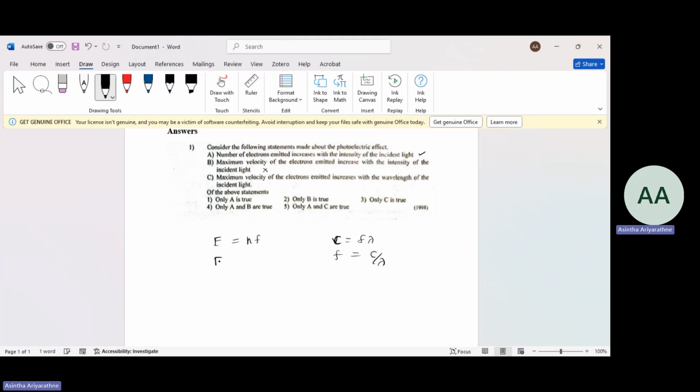So we can modify E to be equal to h c over lambda. Maximum velocity of the electron increases with the wavelength of the incident light. It's incorrect. When the wavelength is increased, the maximum velocity does not increase. So A is correct.